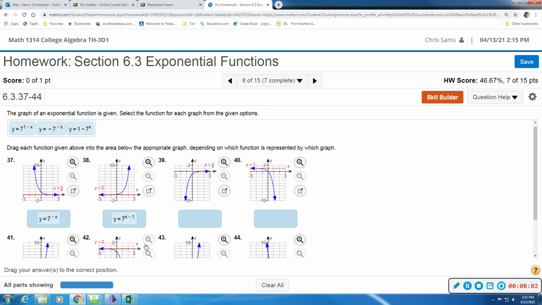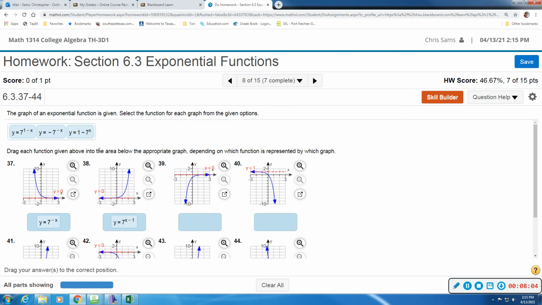All right, so we have 3 more to match up. This one, because of the negative x, is going to make it look like decay, that it's going down.